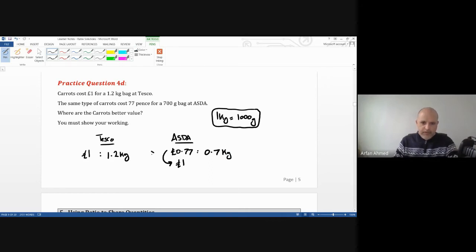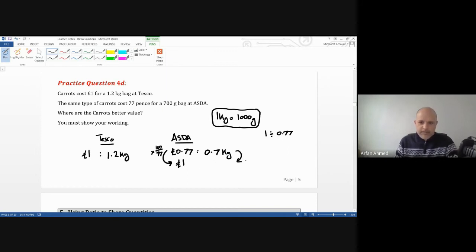So you'd have to multiply this because it's getting bigger. Obviously, you're going from a smaller number to a bigger number. It's times by 100 over 77. This is what's coming up on my calculator as a fraction. What I did was I did £1 divided by 0.77. How many of these go into that? And it's that much times bigger.